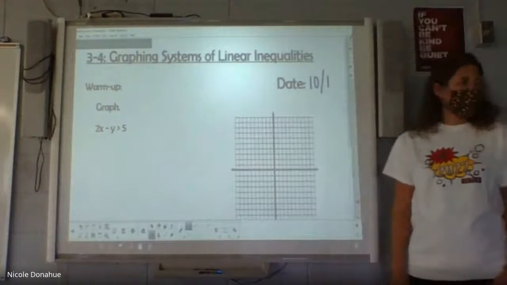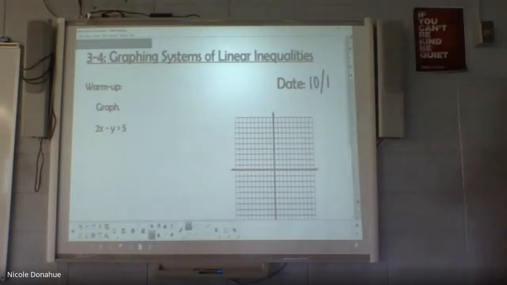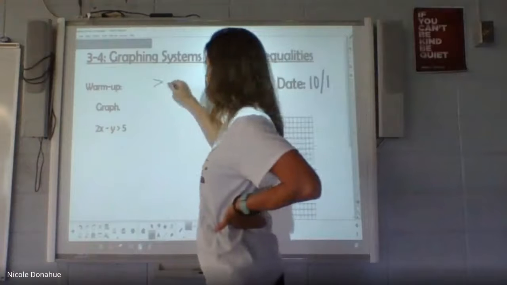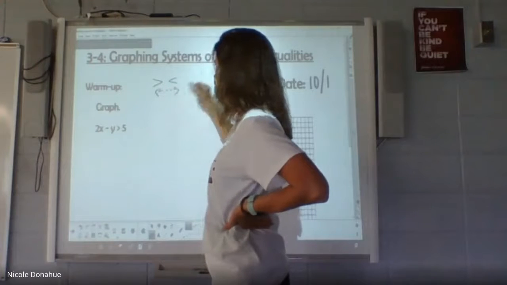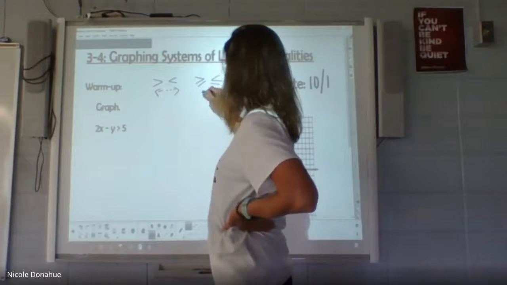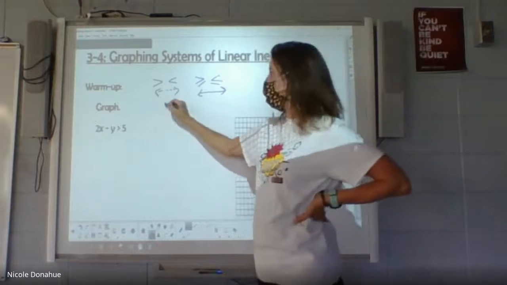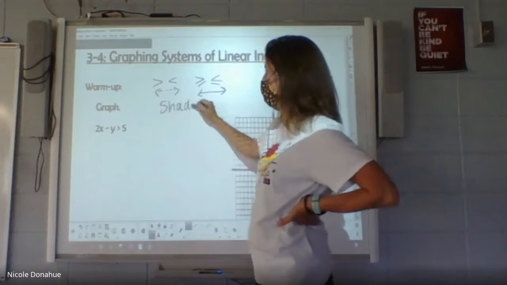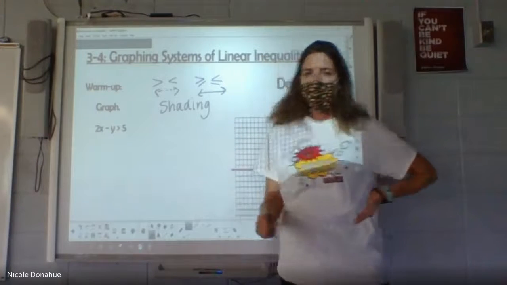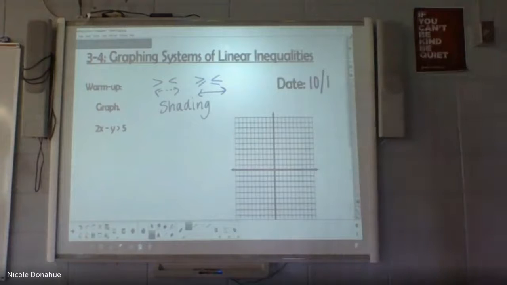Okay, so do you guys remember about graphing? Why is this type of graphing special? What do we need to remember about it? Dotted versus solid line. What else do we have to remember? That we have to fill in. Yeah, there's shading that has to happen as well. If you forget those pieces, that's almost like half the points on these problems, so it's kind of a big deal.